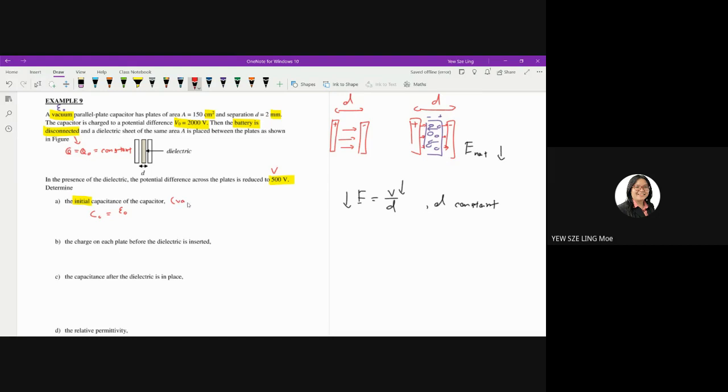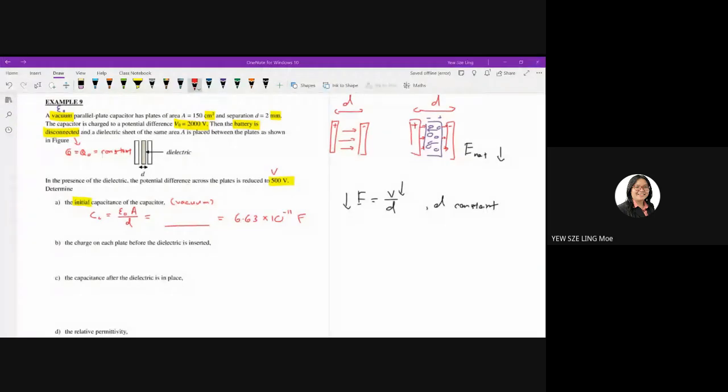Make sure everything is in SI units, plug it into the equation, and you should obtain 6.63 times 10 to the power of negative 11 farad. That's the answer for question A.